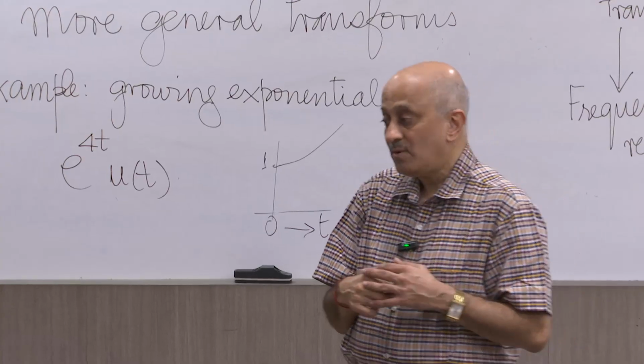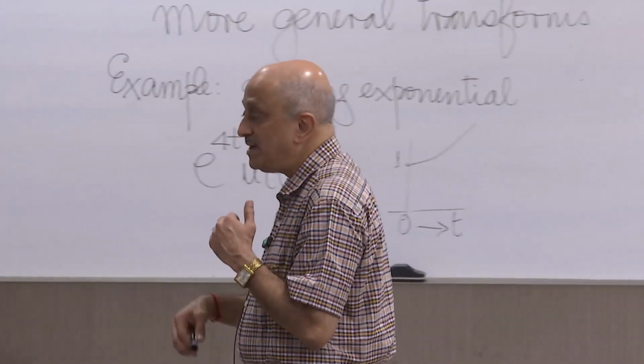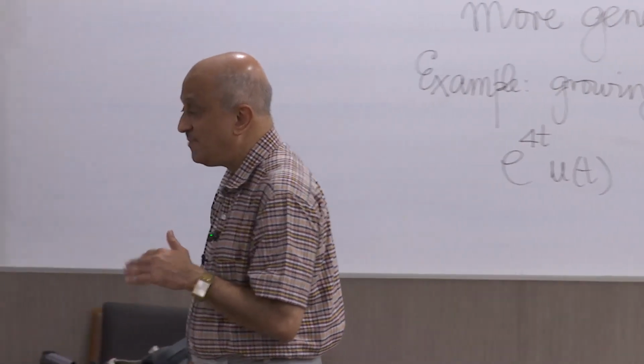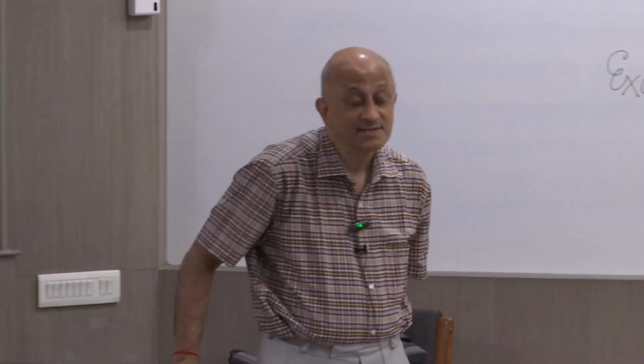So, now how would we deal with such a function if we still want to take advantage of the property of convolution, for example, or if you wish to generalize the Fourier transform in such a way that it can incorporate this particular function as well.